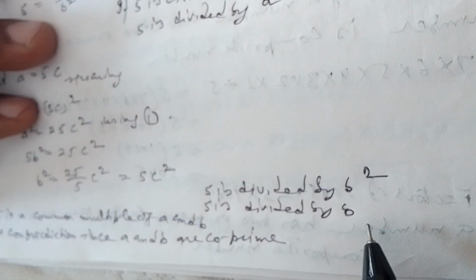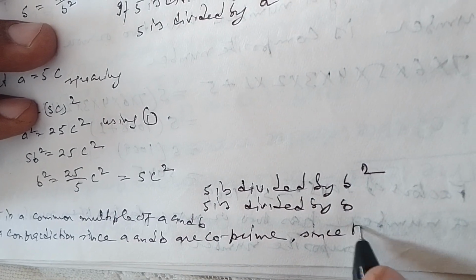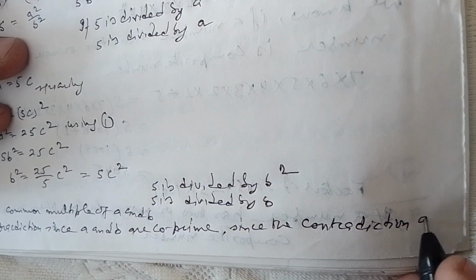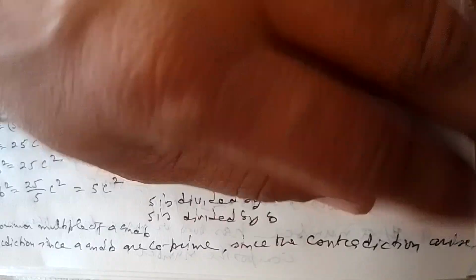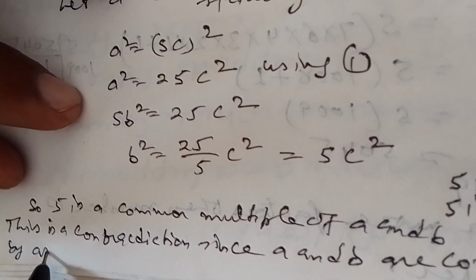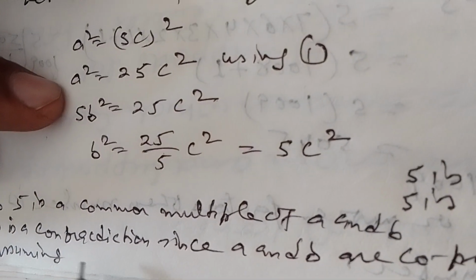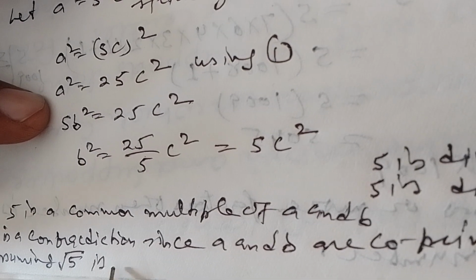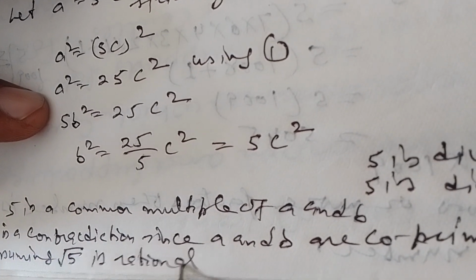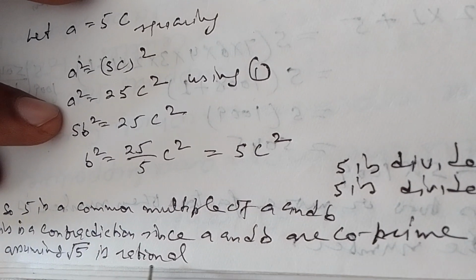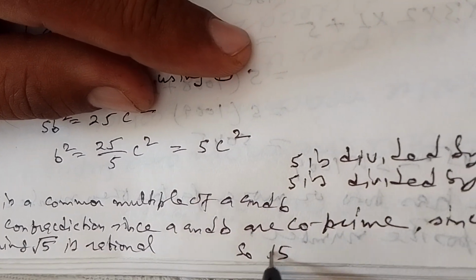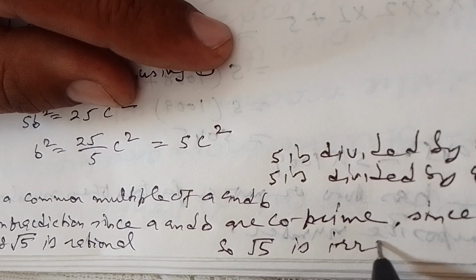Since the contradiction arises by assuming root 5 is rational, because we have assumed root 5 as rational, so root 5 is irrational.